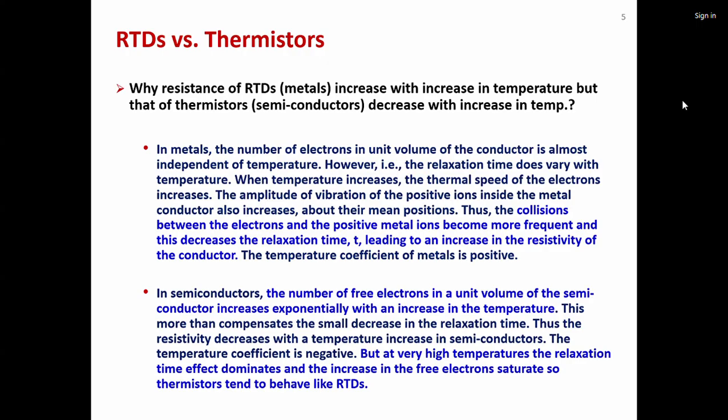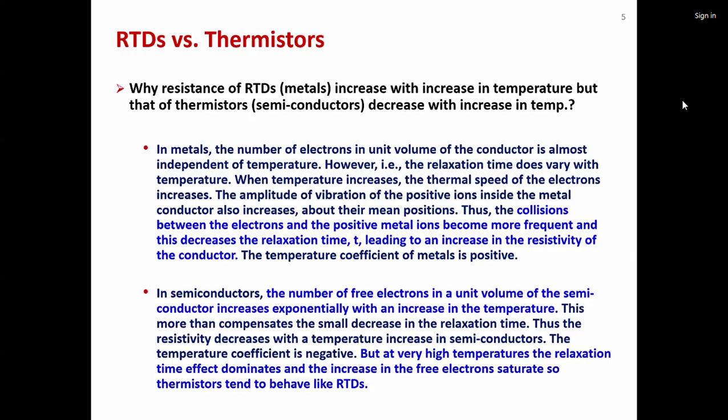So that is known theoretically that as you increase temperature in a semiconducting material, the number of electrons would increase exponentially. So this increase in the number of free electrons at lower temperature basically compensates for the small decrease in the relaxation time.